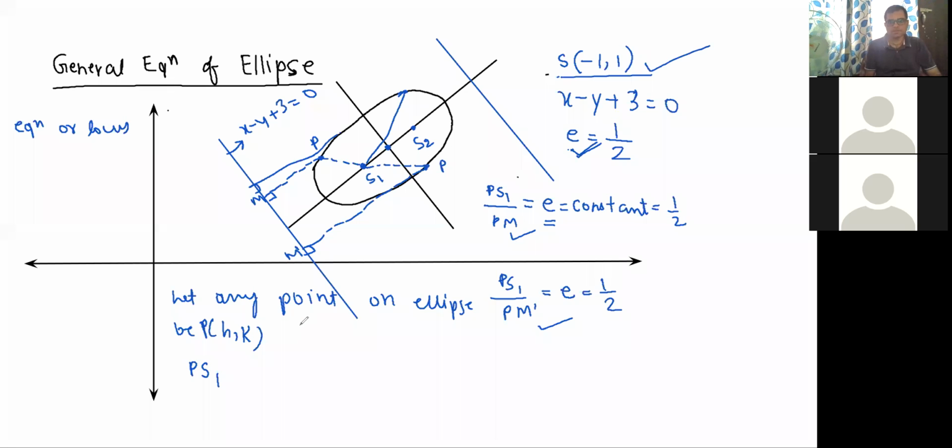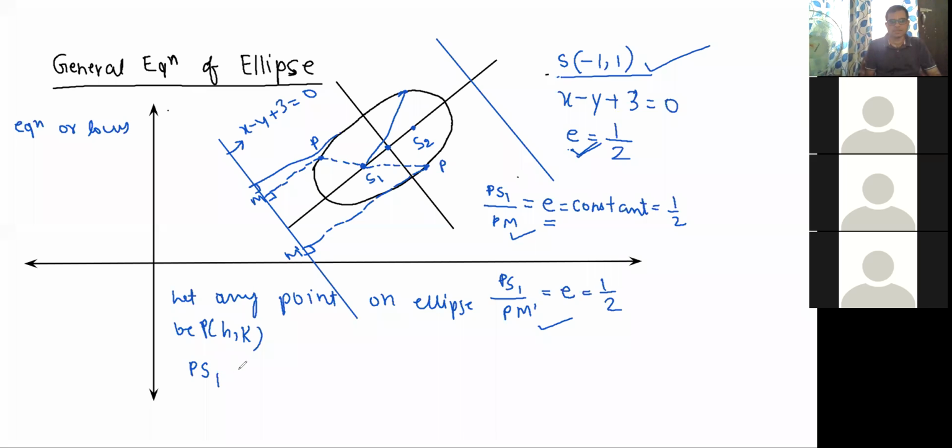This is S1. So what is PS? PS will be equal to under root h plus 1 whole square plus k minus 1 whole square. So this is your S, minus 1 comma 1 here, and any point P is h comma k.